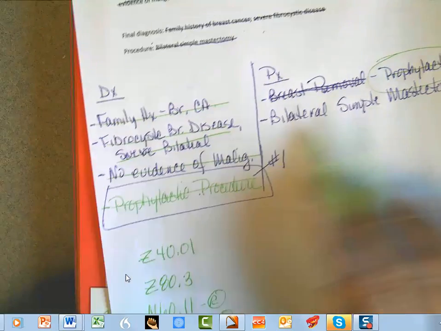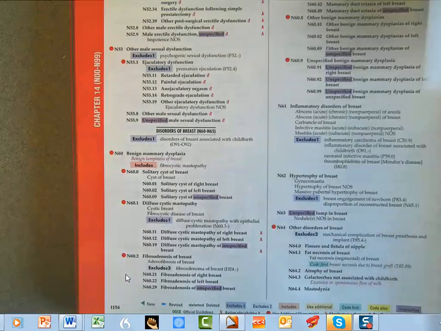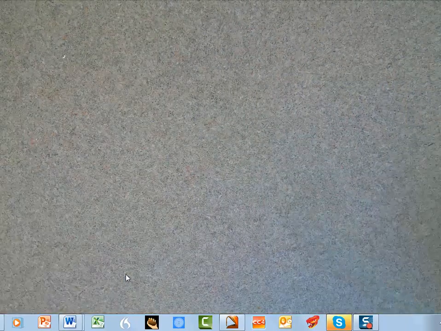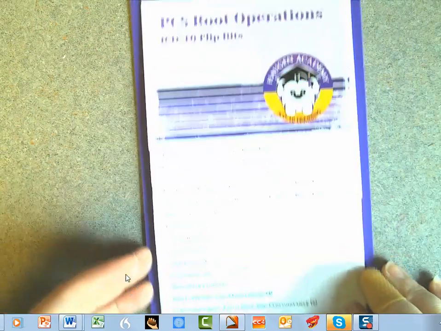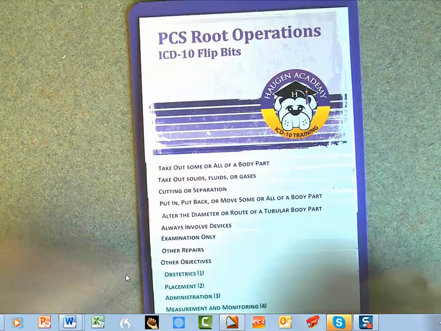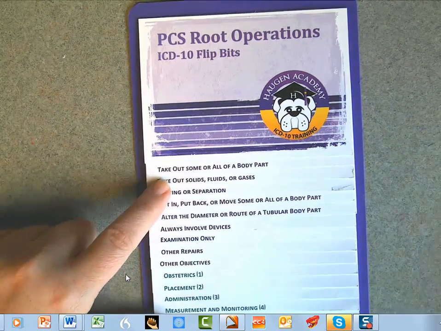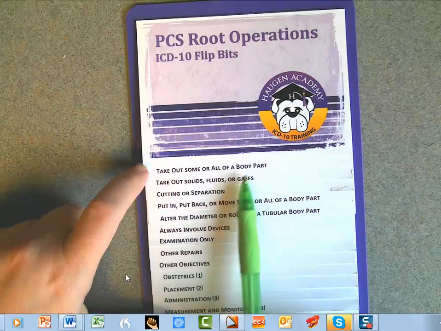Now we've got to code our simple mastectomy. So let's go ahead and bust out our PCS flip bits, okay? So what are we doing? We are taking out some or all of a body part, are we not?